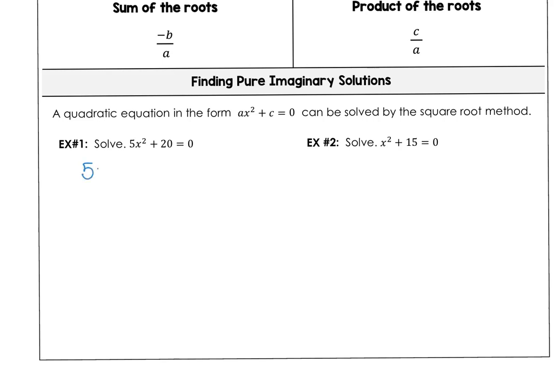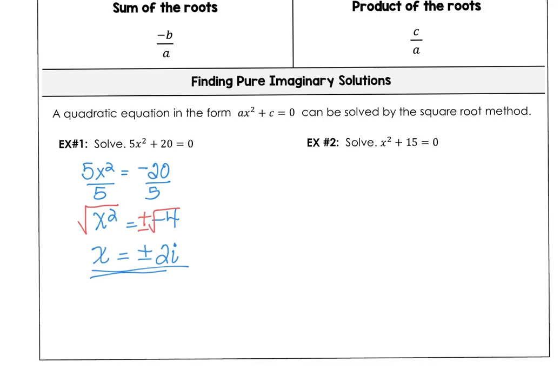The first thing we would do is isolate the 5x squared term and the negative 20, and then divide by 5 so that we have x squared on the left and negative 4 on the right. Next, we can take the square root of the left and the plus and minus square root of the right, which will give us x is equal to positive or negative 2i. So we have gotten a pure imaginary solution in this case.